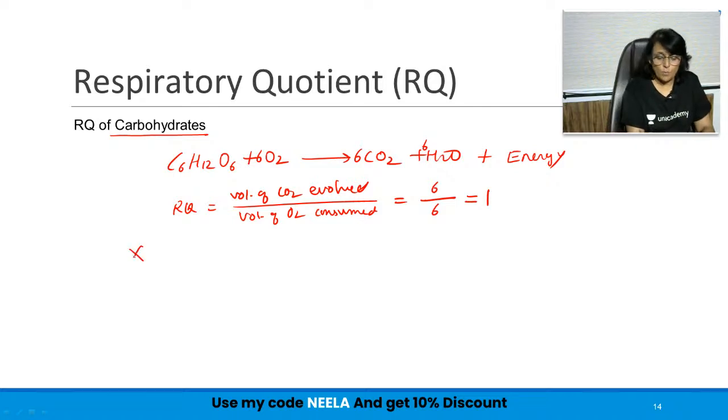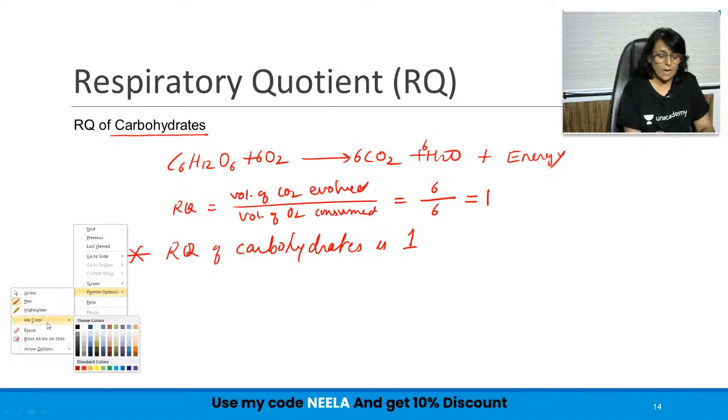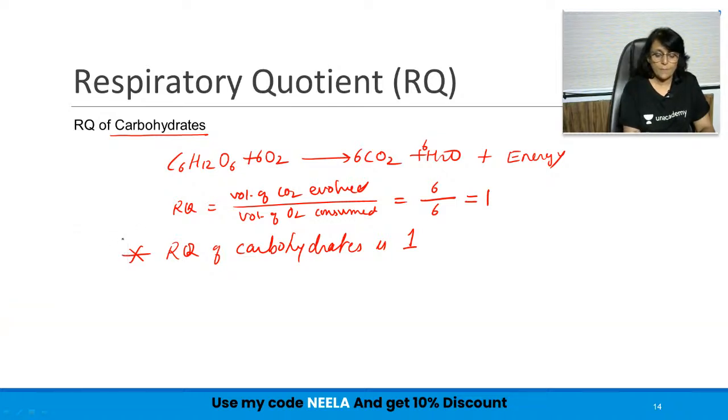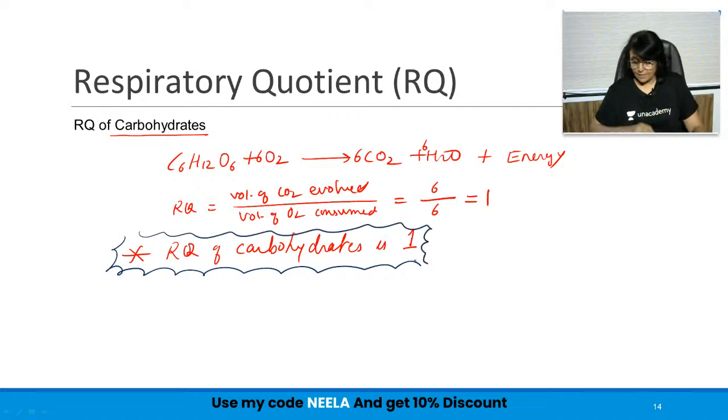Now the most important statement which we have to remember is: RQ of carbohydrates is 1. This is the most important thing. Is it clear how we calculated the RQ of carbohydrate?